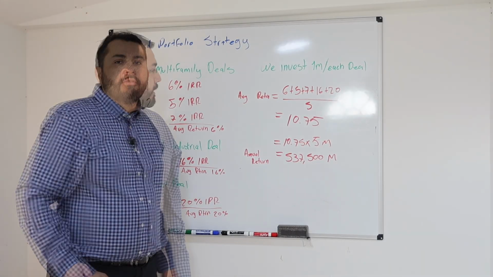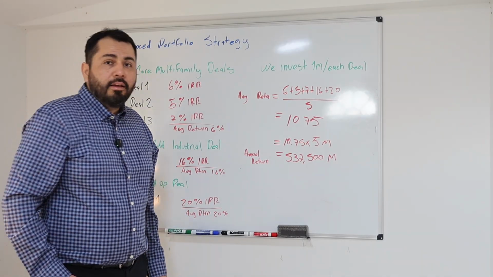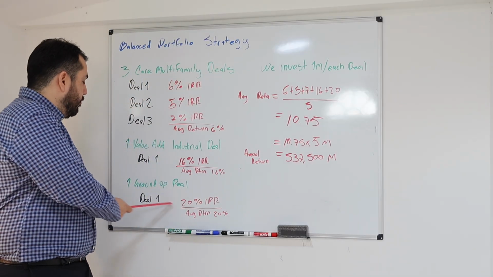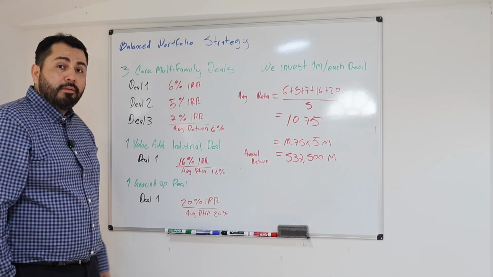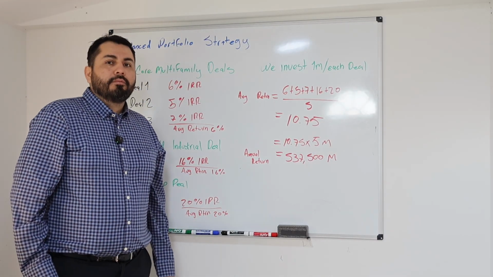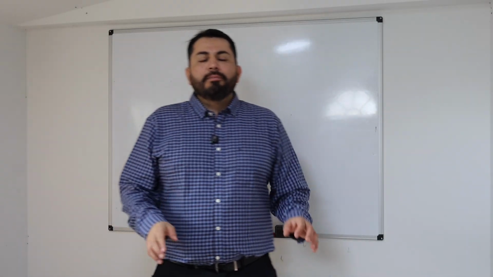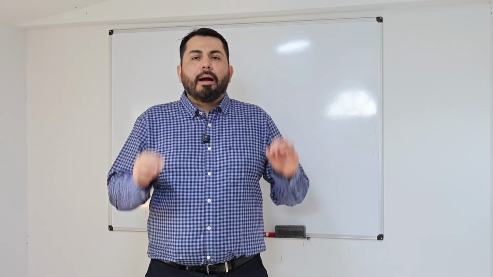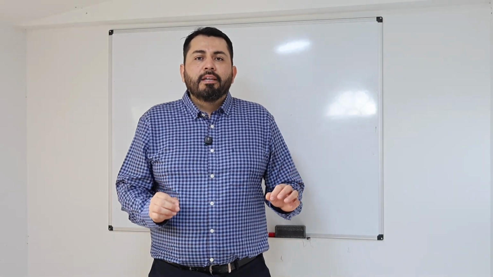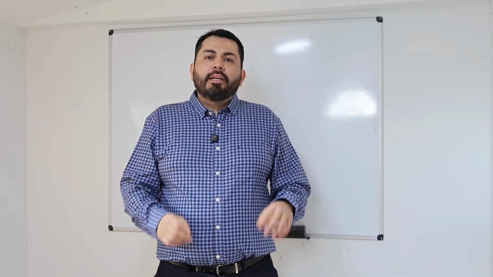It's a good return for this strategy, don't you think? You can get more return if you only invest in the ground-up deal, but you get more risk. So in this video I teach you how to set up a real estate portfolio to balance your risk and to keep and preserve your wealth.